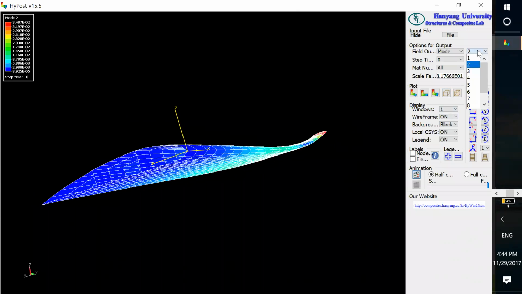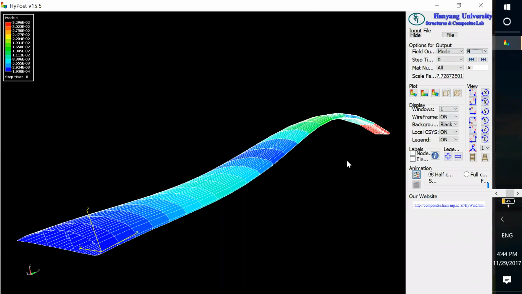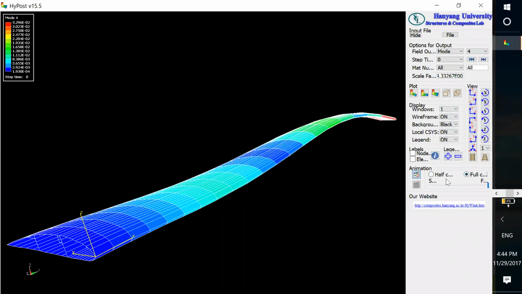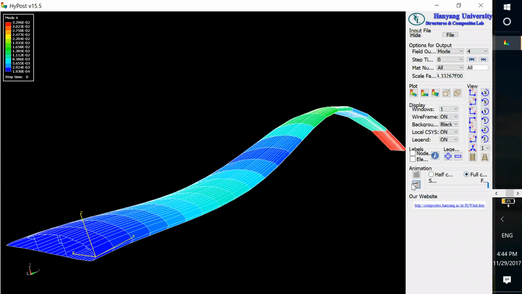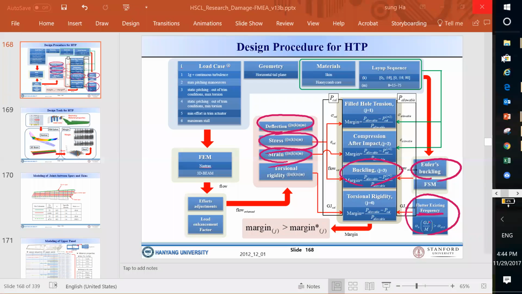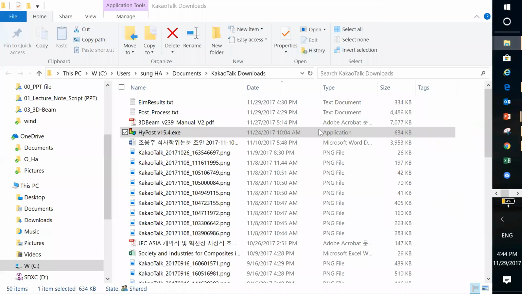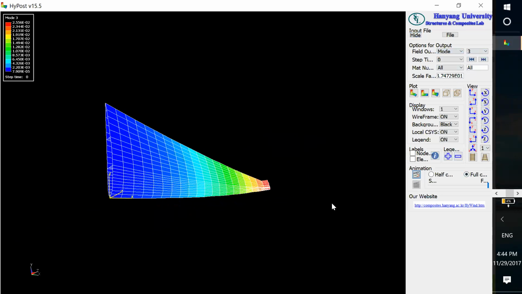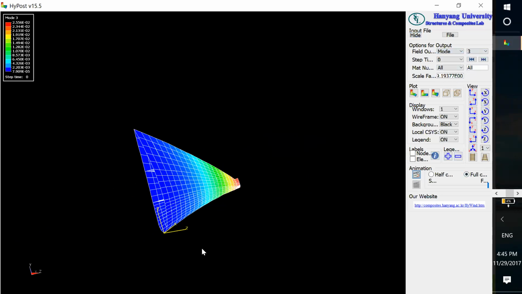And we have so many different higher modes.